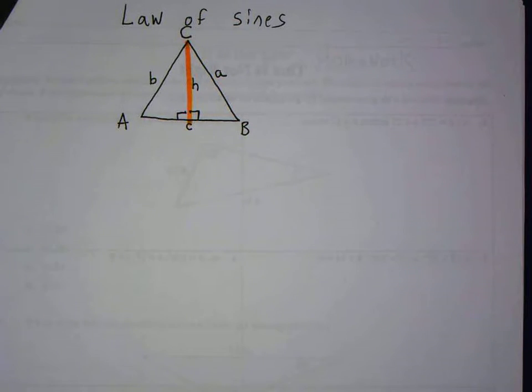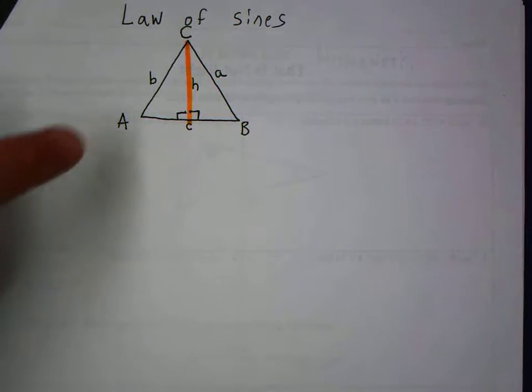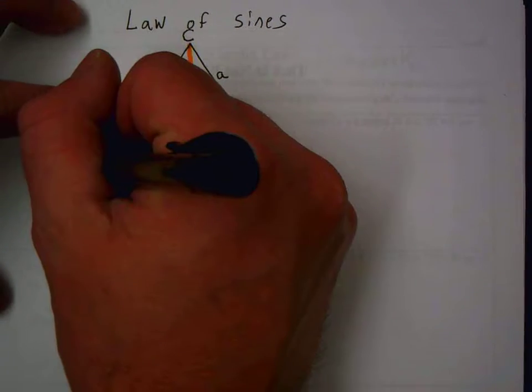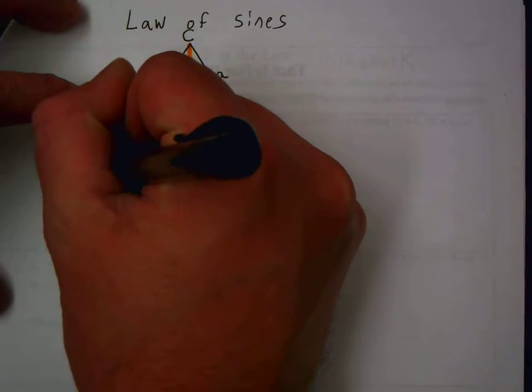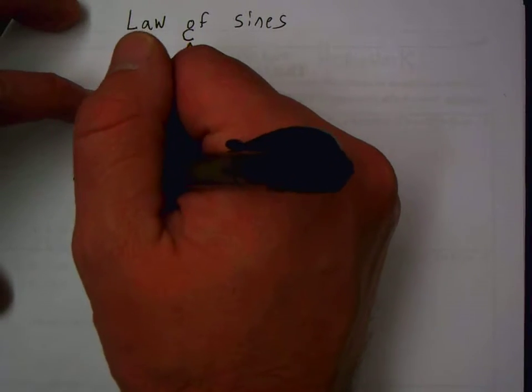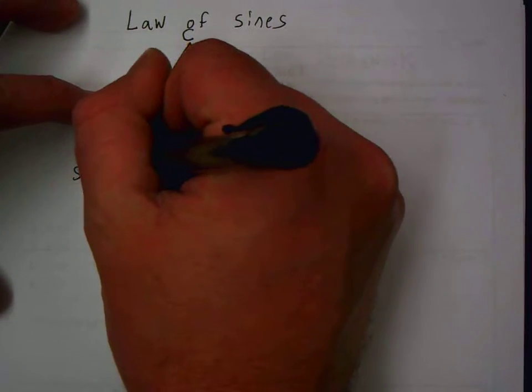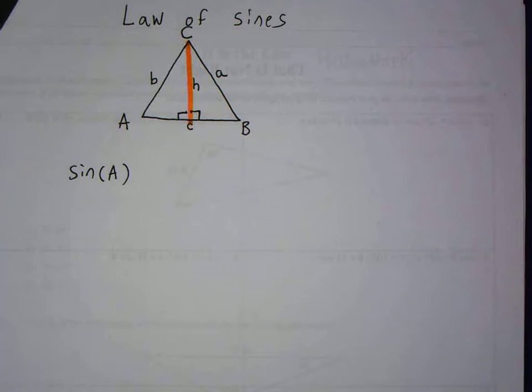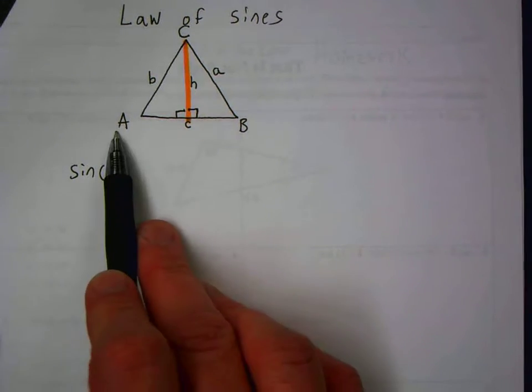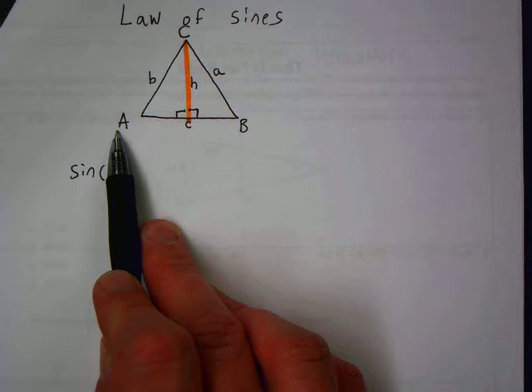Basically what I'm going to show you is how to get the formula, and once I show you how to get the formula, we're just going to use the formula. So let's start off with A. What is the sine of A? Reference angle, sine, opposite over hypotenuse. What would the ratio be?